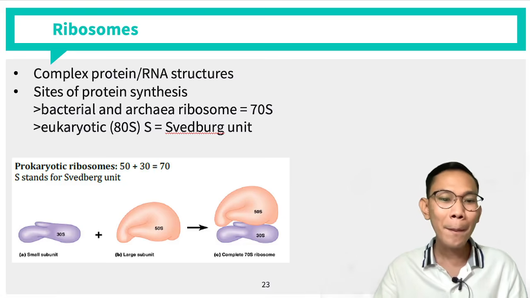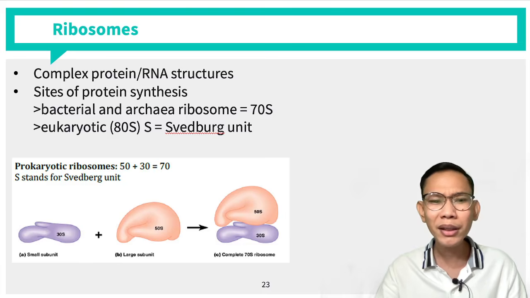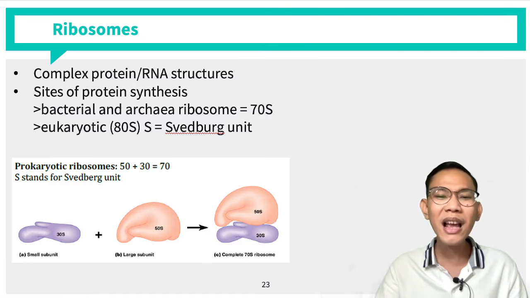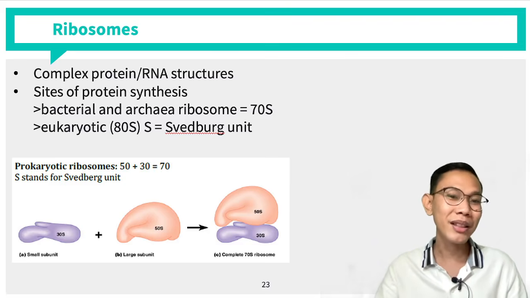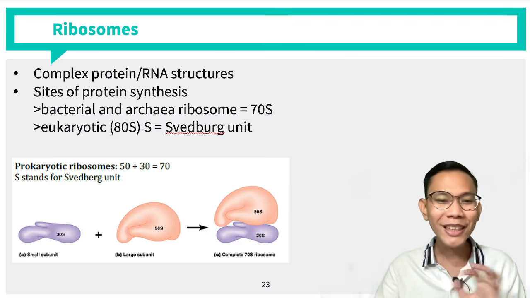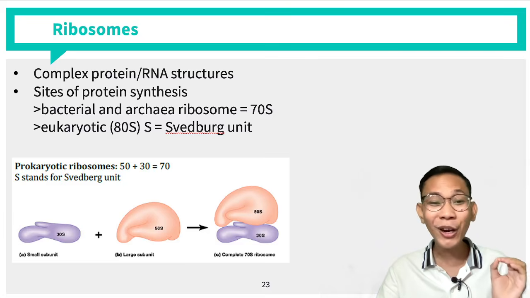So I repeat, pag maliit ang kanyang number, small subunit, mas maliit siya. Remember, it's 30S. Therefore, the sedimentation rate is faster compared to your large subunit. So that's the main explanation of where this Svedberg unit is derived from, your sedimentation rate. But that's very technical on our part, no?